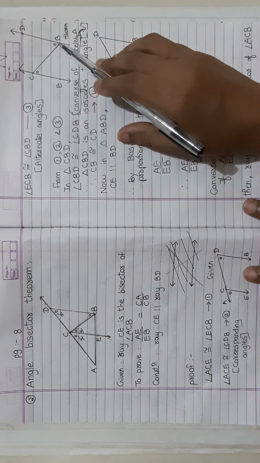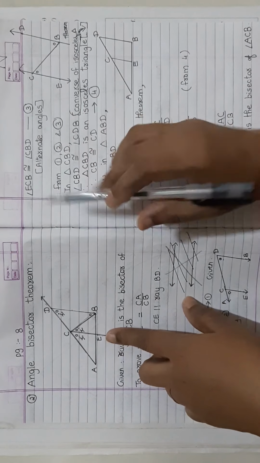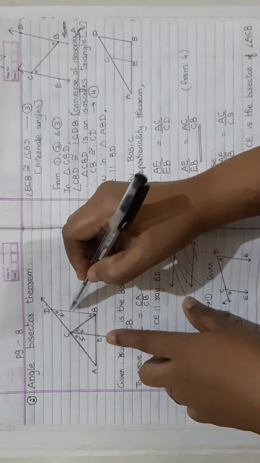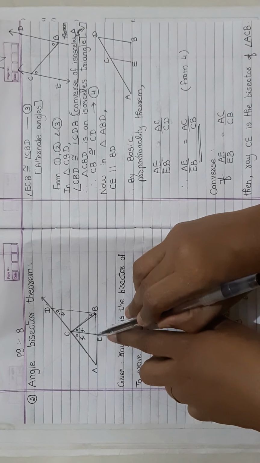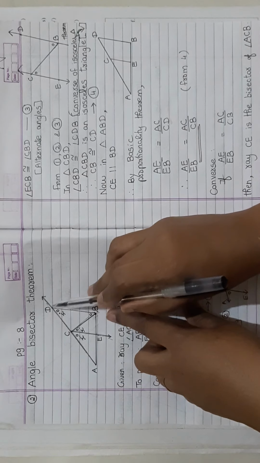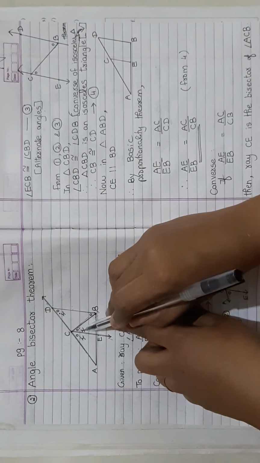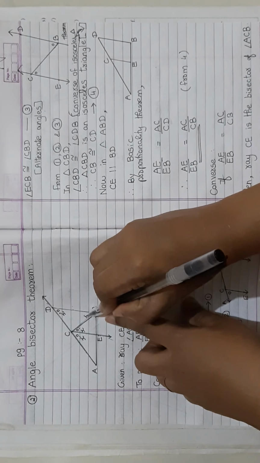So we are getting these two angles are congruent. So I have written, come back here and just see these two angles. So angle ECB is congruent to angle CBD. Reason is alternate angles. Now you can see here if it is x degree, this also will be x degree.